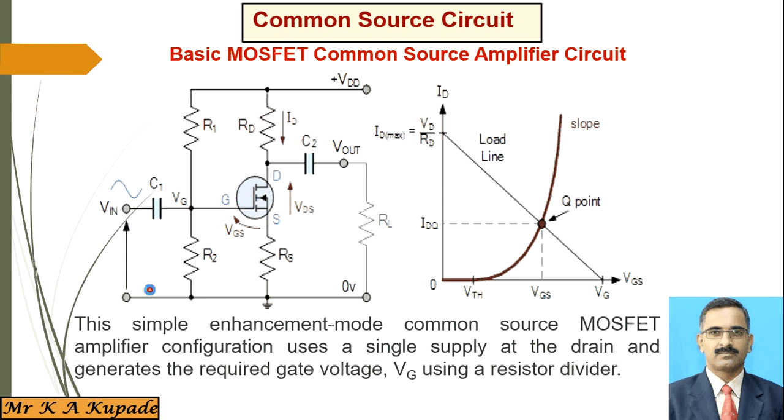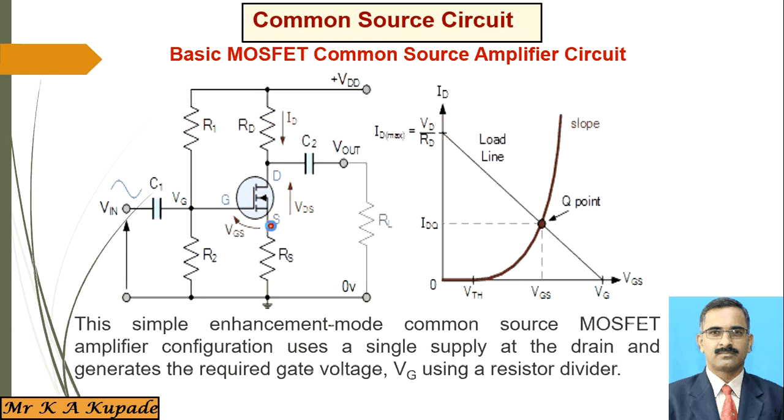Now this simple enhancement mode common source MOSFET amplifier configuration uses a single supply at the drain and generates the required gate voltage, VGS, so that the drain current can flow in this circuitry, right?